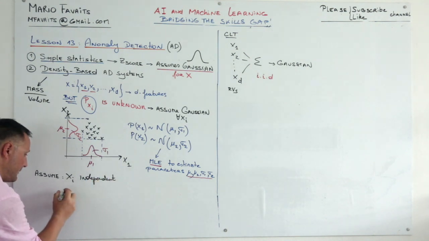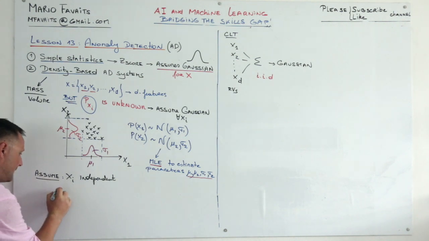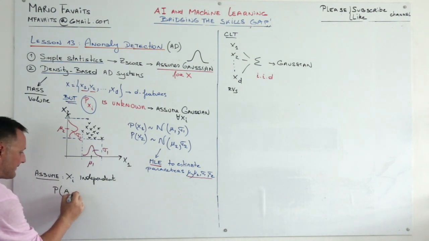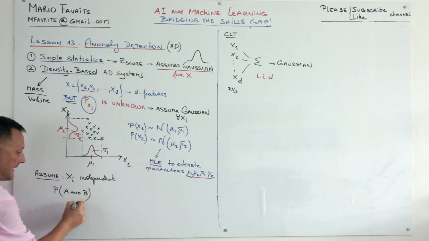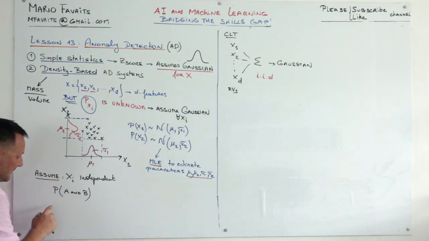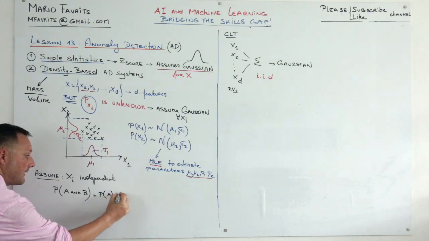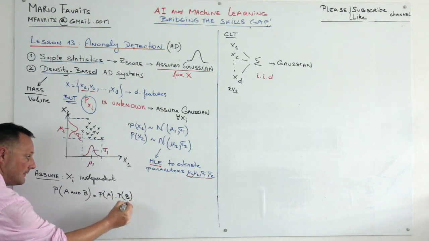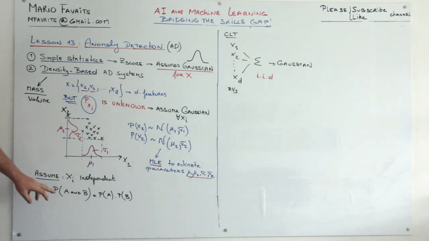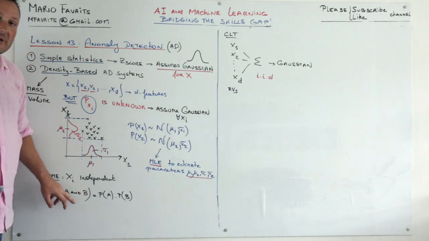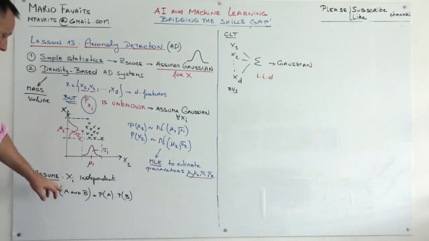And remember, if two events A and B are independent, then the probability of seeing A and B equals the probability of A times the probability of B. So when two events are independent, the probability of A and B is just the product of the probabilities.